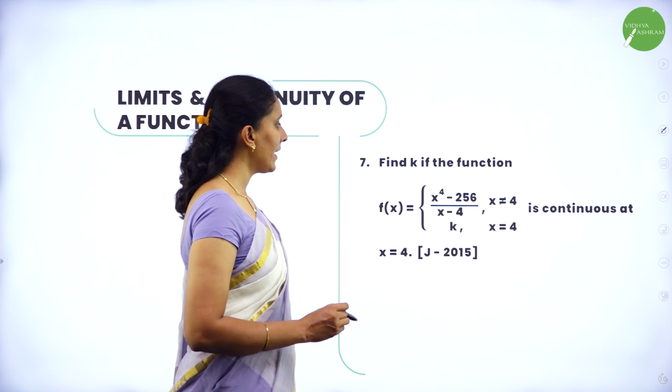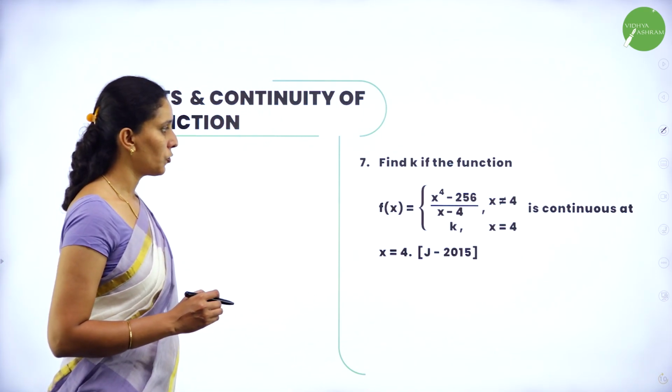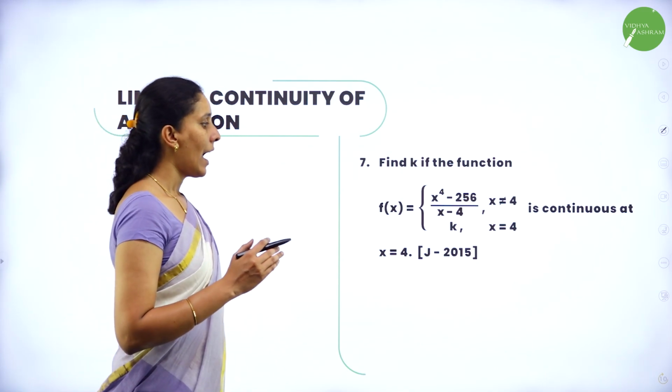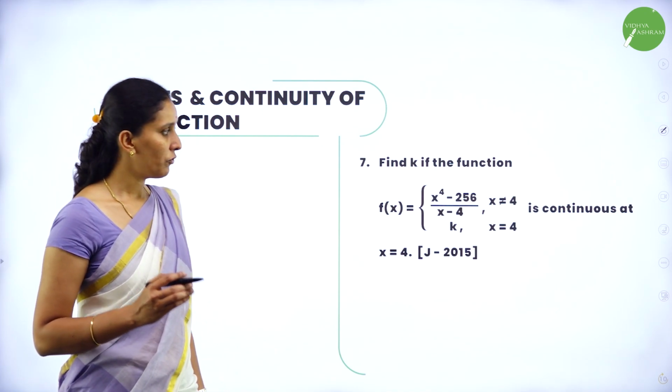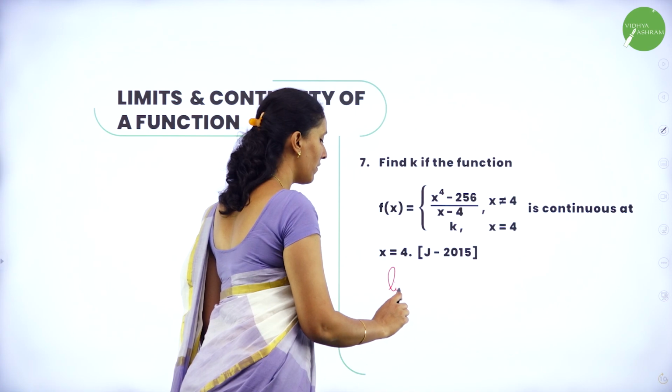Next, find k if the function f of x is (x to the power 4 minus 256) by (x minus 4), x not equal to 4, and k when x is equal to 4, is continuous at x is equal to 4. Again we will take the same definition.